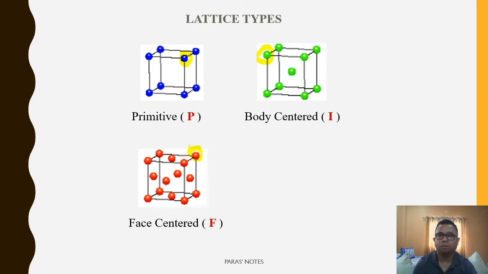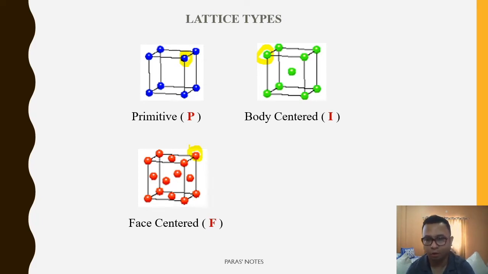Now all 3 of them are cubical. As you can see, all of them are cubes. But how are the particles arranged? So based on the type of the pattern in which these particles are arranged in a cube, our cubic cell is divided into these 3 types.